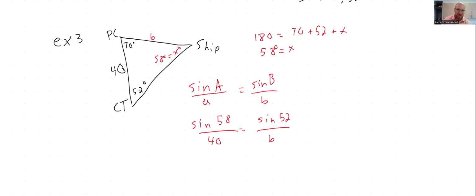I will cross multiply and get b sine 58 equals 40 sine 52. I'll divide both sides by sine 58 to get b.